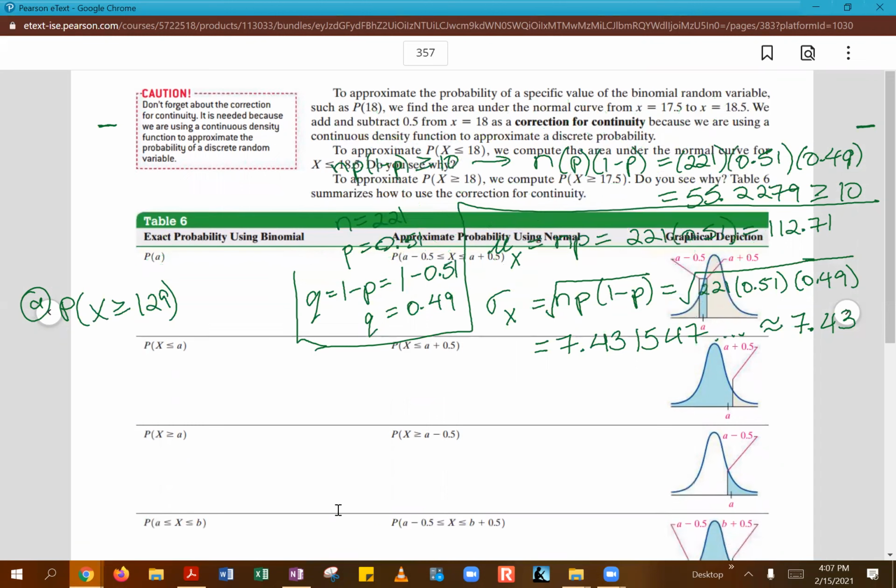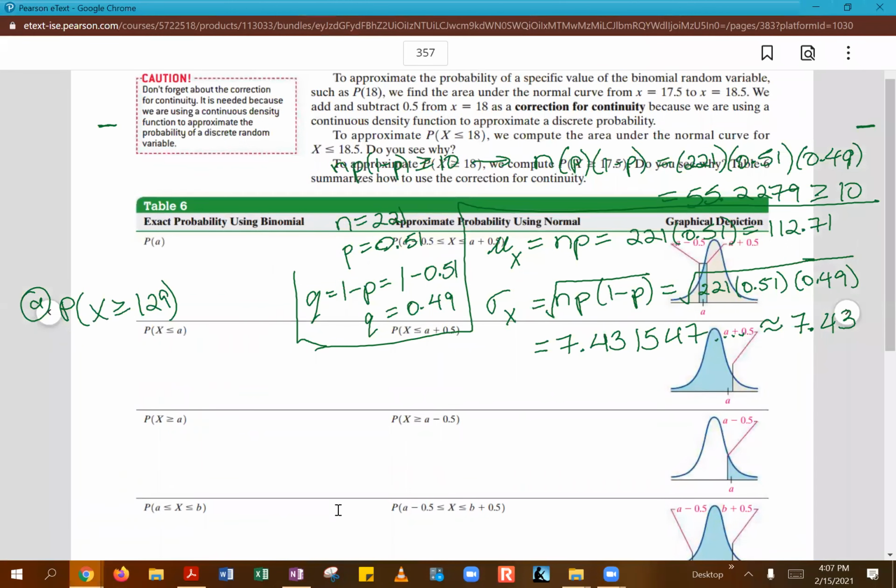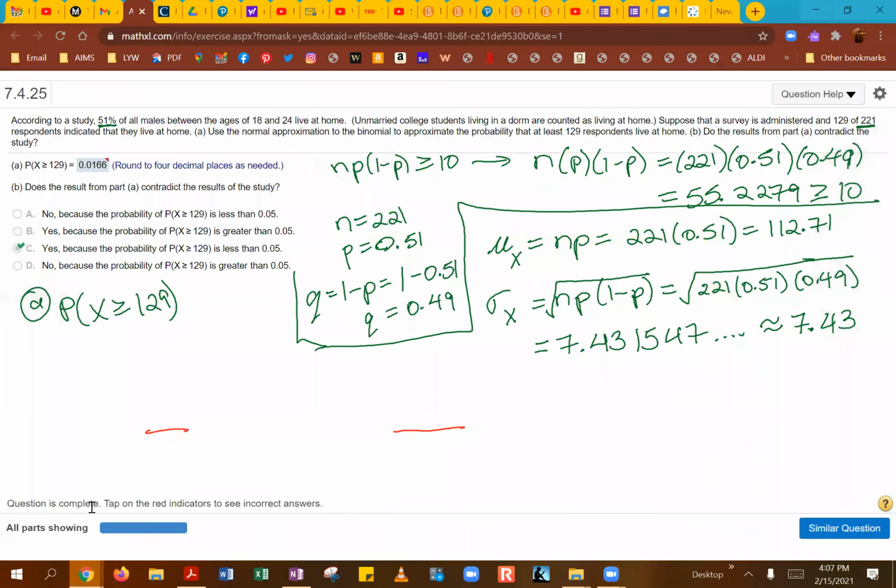So if you can see right over here, since we are looking at greater than or equal to, for our exact probability, you have to make adjustments by taking that a value and subtracting 0.5 from it. So we will need to do the same thing with our probability of X greater than or equal to 129. So let's come back to our example over here.